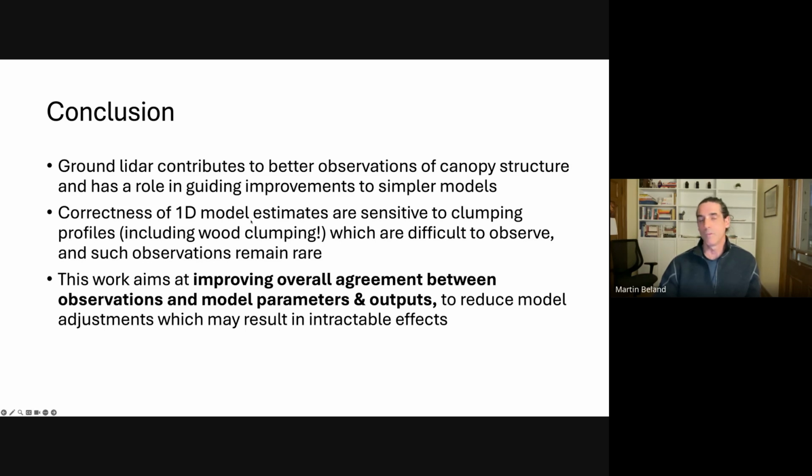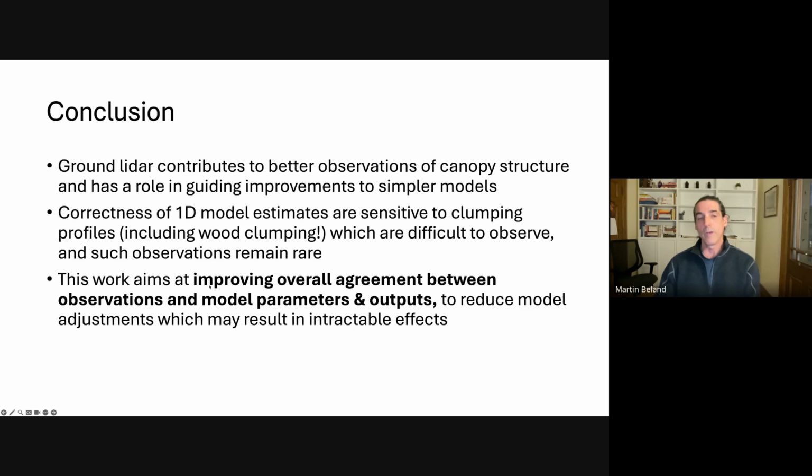These model outputs are highly sensitive to clumping profiles, because it has a big effect on radiative transfer. These are difficult to observe. We don't have a lot of these observations, and we're still trying to gather some more data on how variable this is within plant functional types.